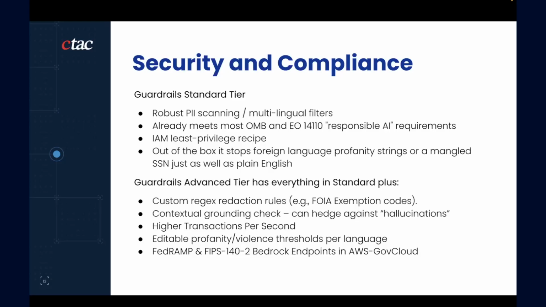We'll have higher transactions per second, and of course, violence and profanity thresholds for foreign languages, and all of this is going to work with the FedRAMP enabled endpoints, where you're going to have the secure endpoints to have data encrypted in transit throughout the AWS GovCloud.